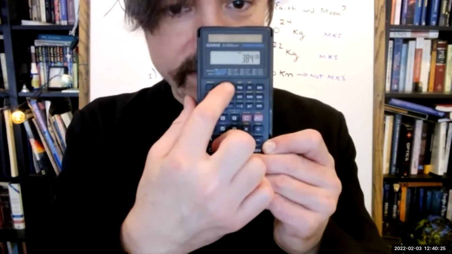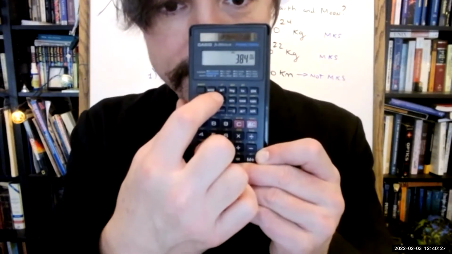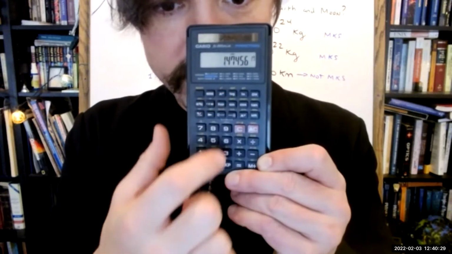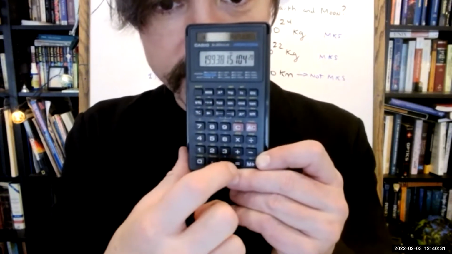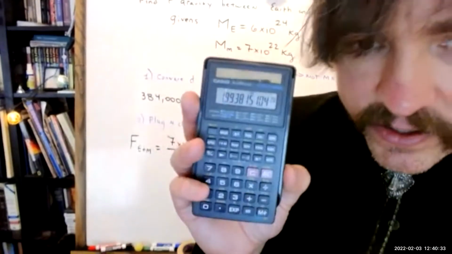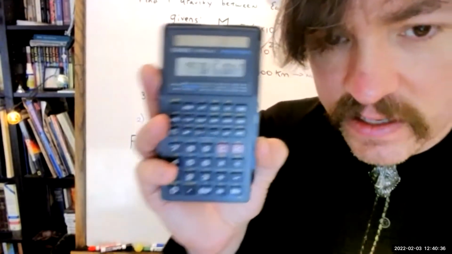First, I'm going to square it, which is up here. So squared. And then I'm going to hit equals. At the end, you should have a number that looks something like this.